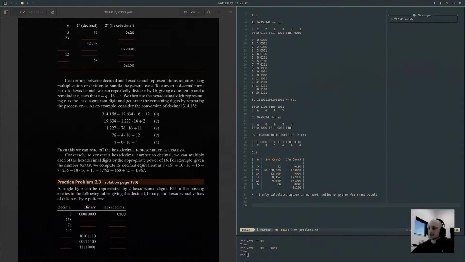And then we got 1, 0, 0, 0, 0, 0. So that converts to 1, 2, I need more zeros here. 1, 2, 4, 8.